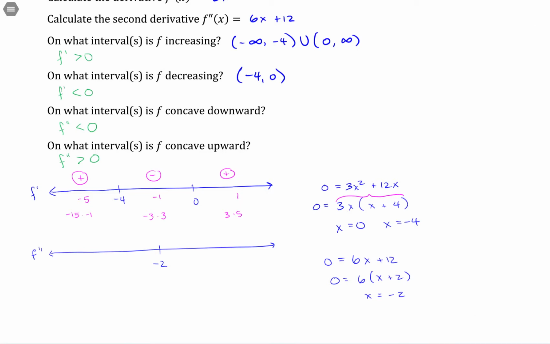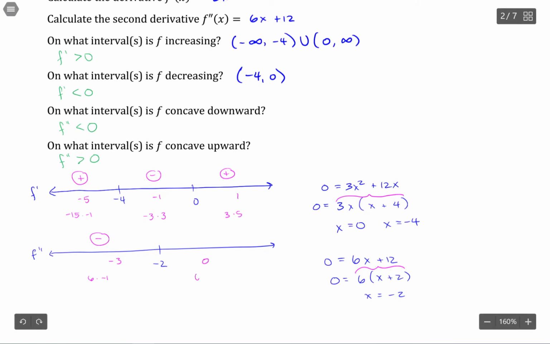And I pick values inside the intervals surrounding this number. So the smallest, easiest ones I can. And I plug those into the second derivative and see if I get a positive or negative answer. So if I plug in negative 3, that would be 6 times negative 3 plus 2 is negative 1. So that's a negative value.